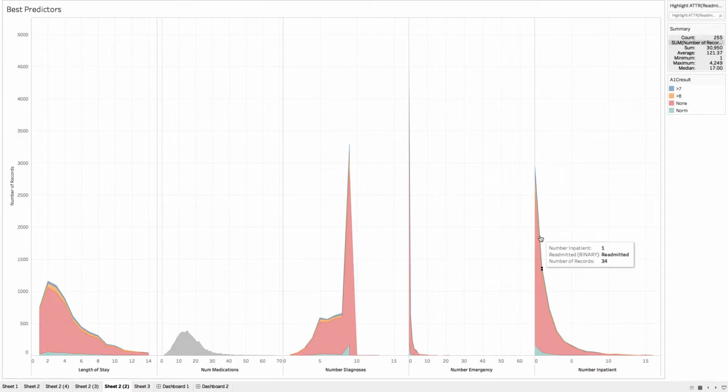So these also classify the predictors, or the most common predictors for readmissions. Having about a number of non-diagnoses being the most frequent, 30 medications, and length of stay, the highest number being 2 days prior to discharge.